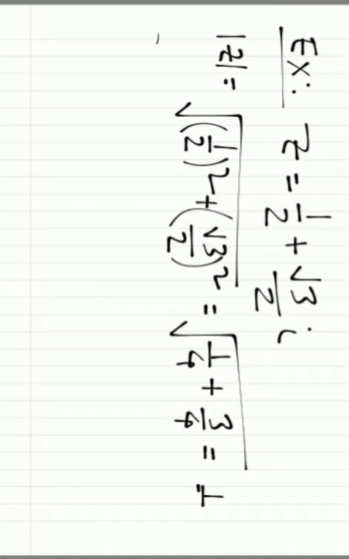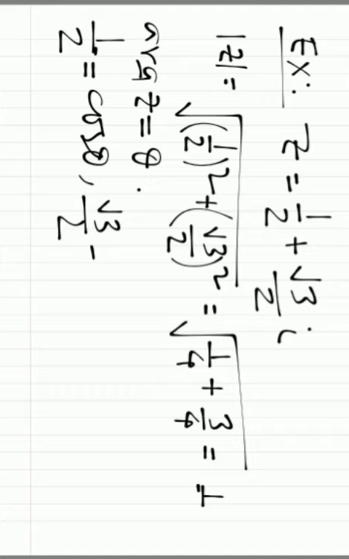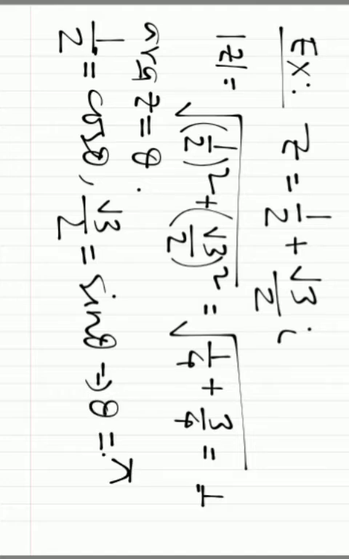So suppose we have argument z as theta, then we can write the following: half is equal to cos theta and root 3 by 2 is equal to sin theta. See, both the values are positive, and it is half and root 3 by 2 for cos and sin. So easily from these we can write theta as pi by 3, as it is lying in the first quadrant.